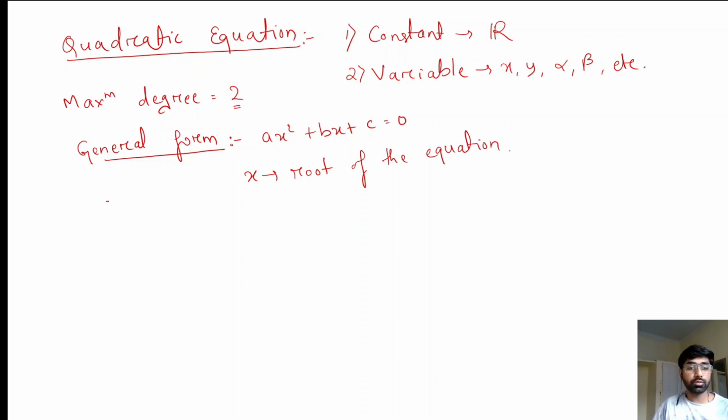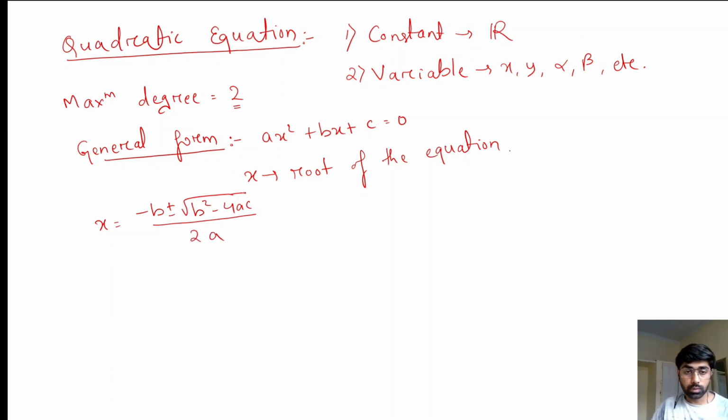And we have a very famous formula to get the root of a quadratic equation, which is given by x equals to minus b plus minus root over of b square minus 4ac upon 2a.